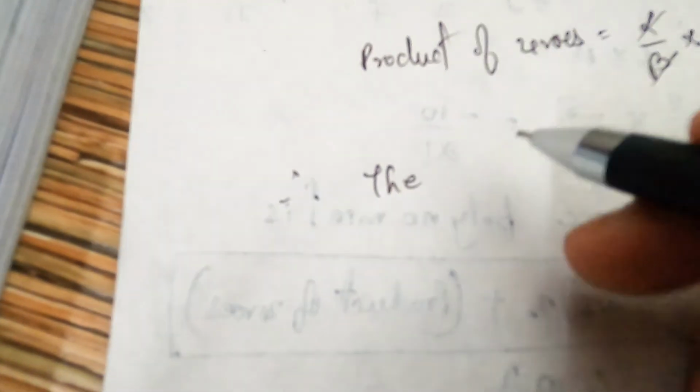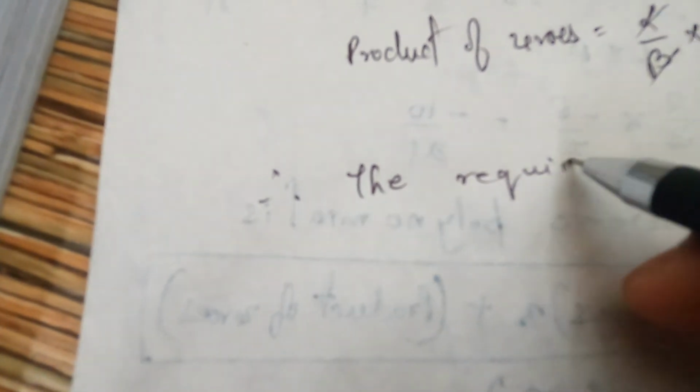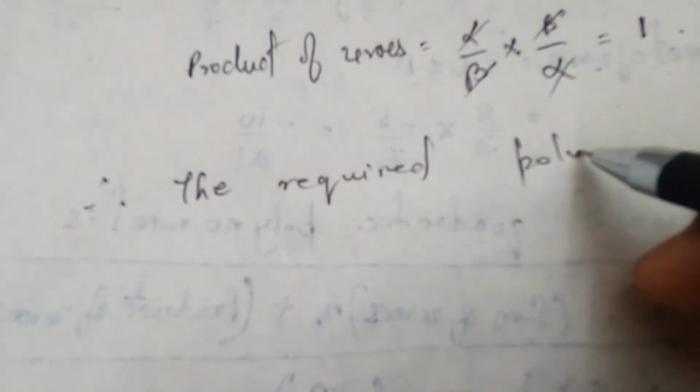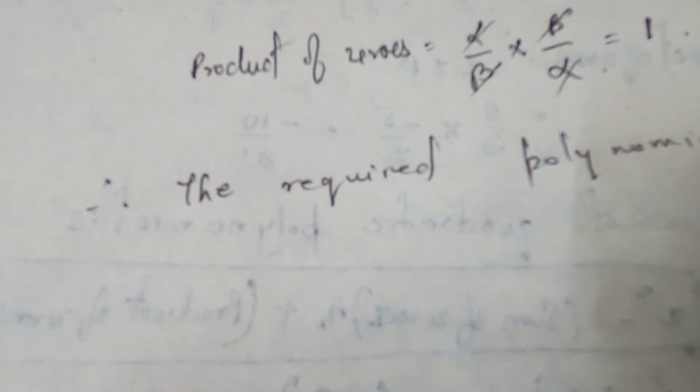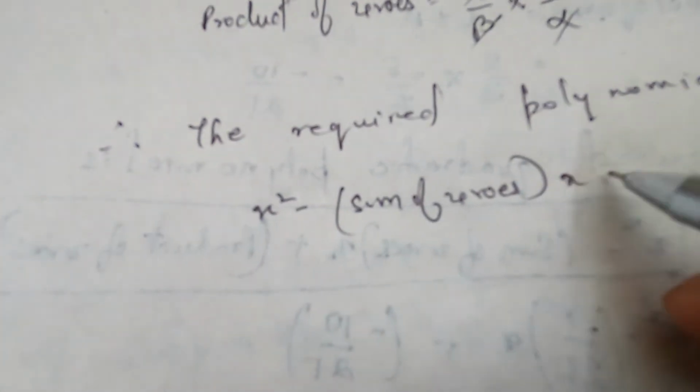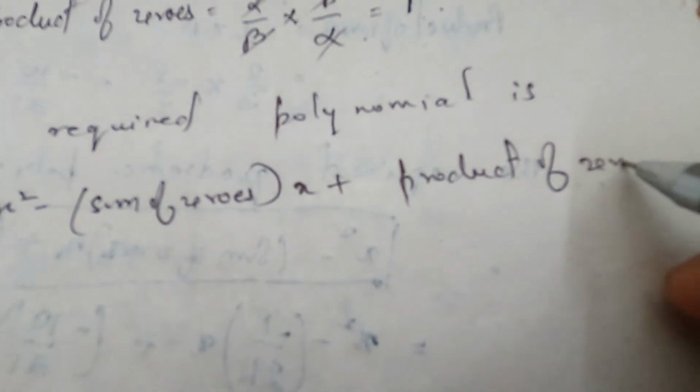So you will write here, therefore the required polynomial is, we have to use that formula again, x square minus sum of zeros times x plus product of zeros.